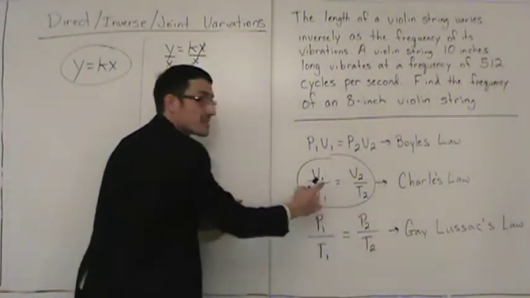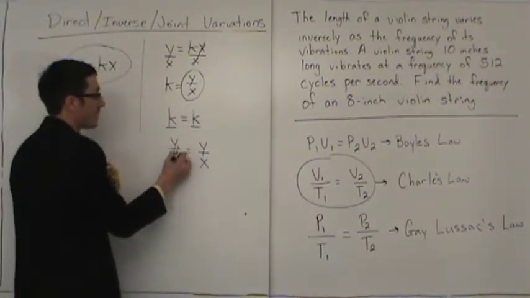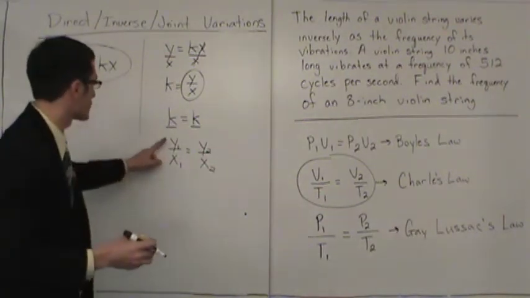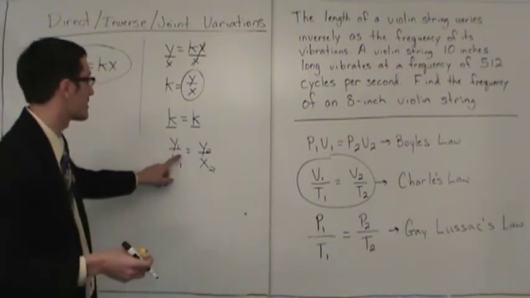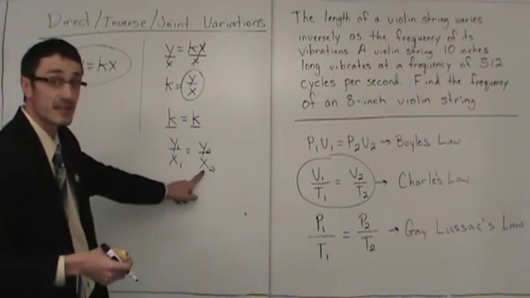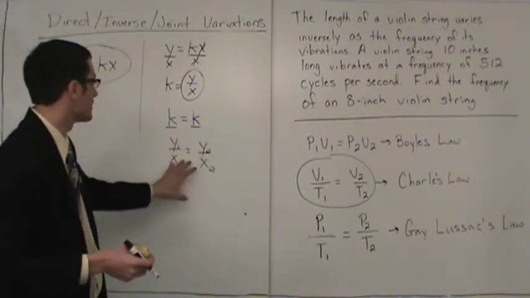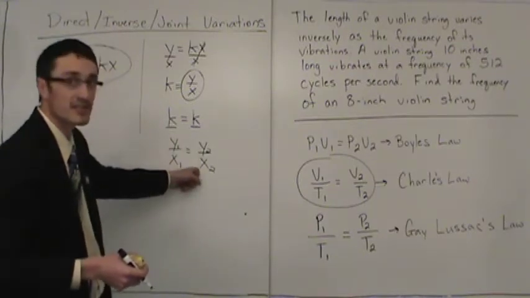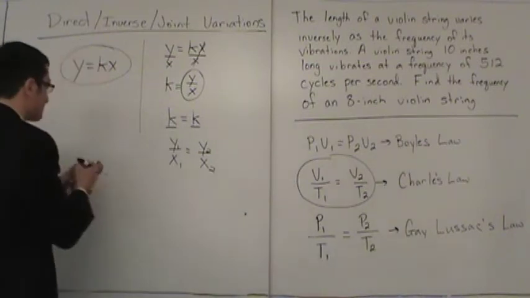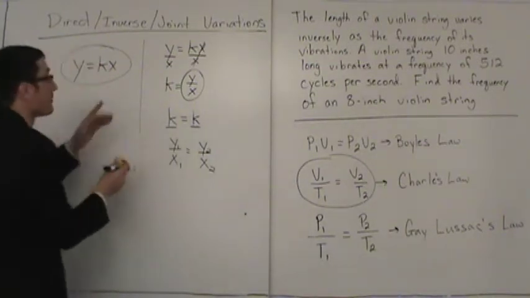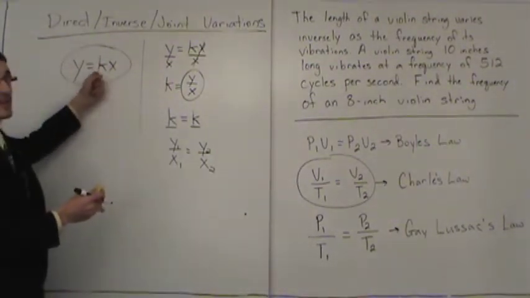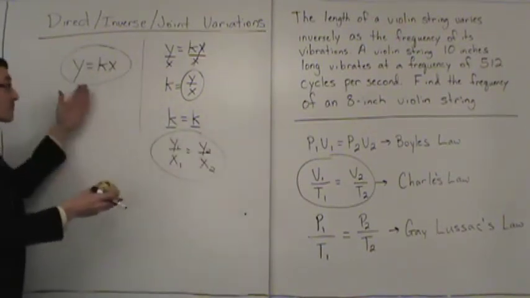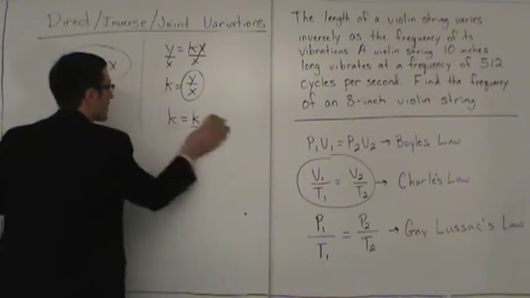For direct variation, we say that y1 divided by x1 is equal to y2 divided by x2. Take the first y value divided by the first x value, which is the same as the second y value divided by the second x value. So we have an alternate form for direct variation. If you need to, you can rewind the video and look at this again, but I'm going to erase this and rewrite it.